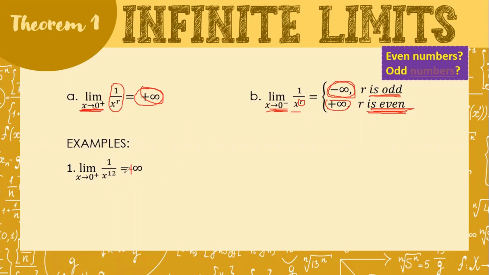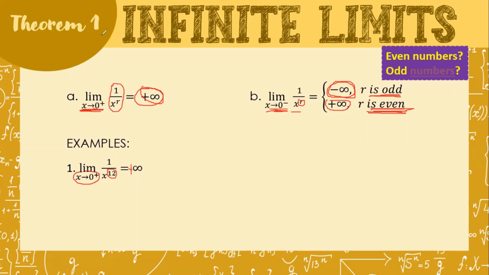The answer is positive infinity because the approach of your limit is 0 plus, or to the right. When the approach is 0 plus, automatically the result is positive infinity.